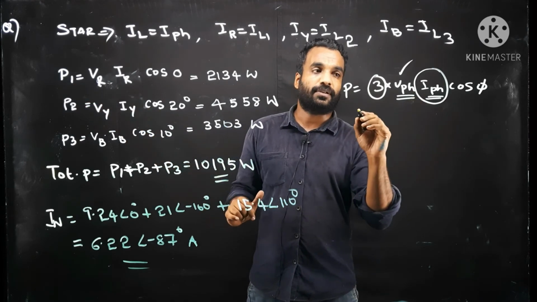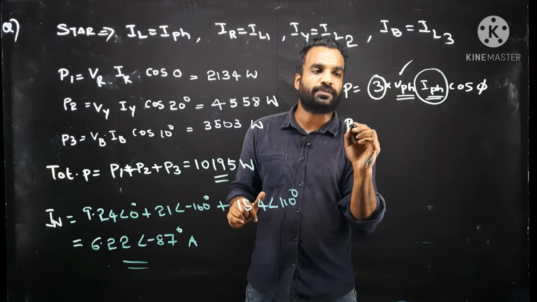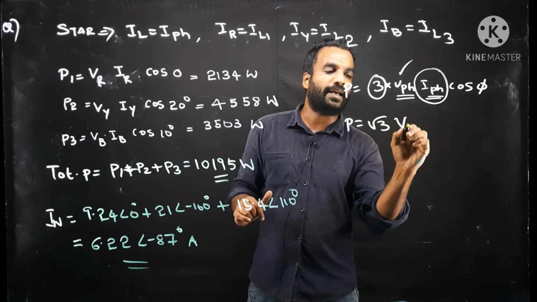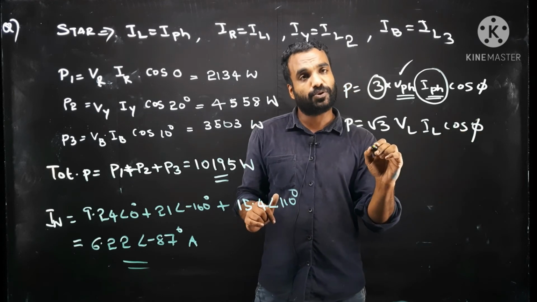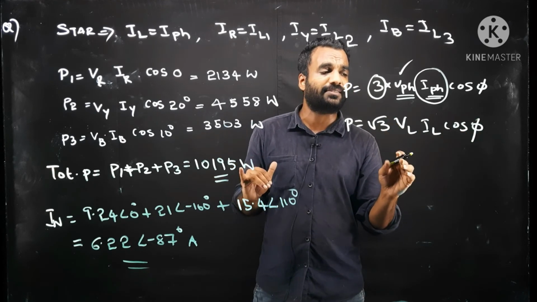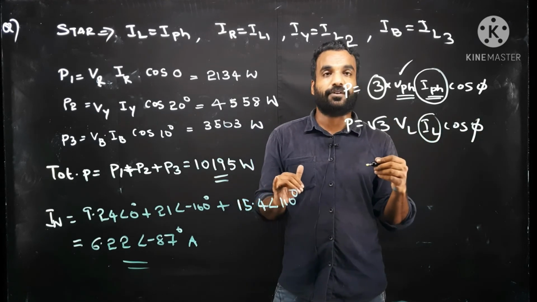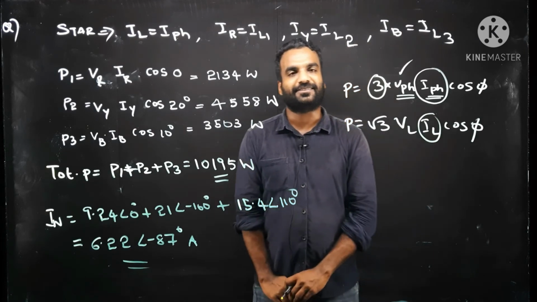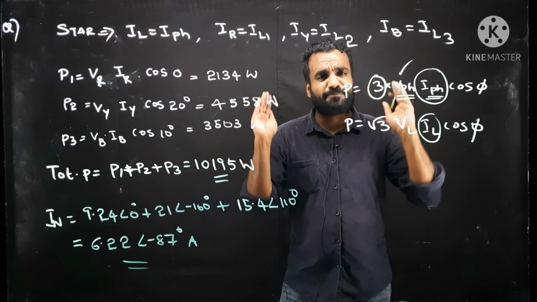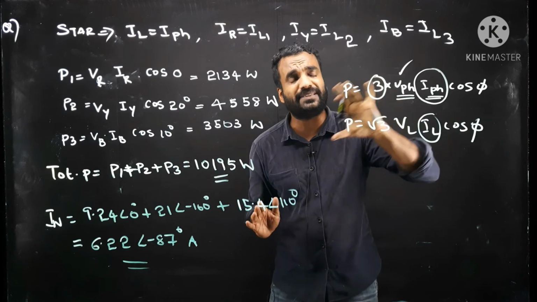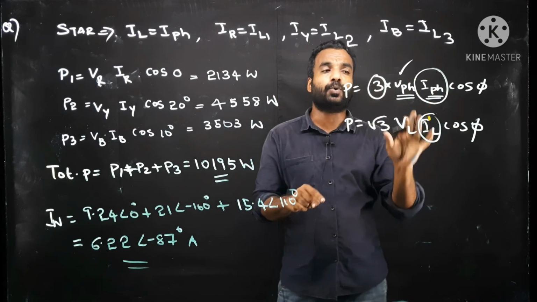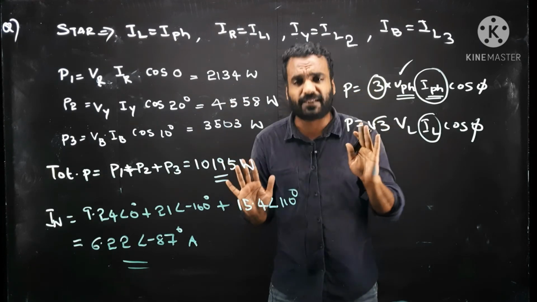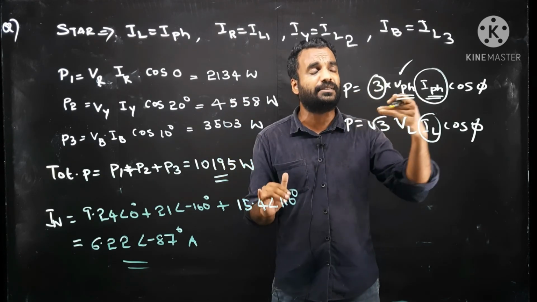There are two equations: this one, or root 3 into V line, I line, cos phi. But here also what is the issue? I line is different for all three phases. In balanced load, you can take these equations. In unbalanced load, you are not permitted to use the simple equation.